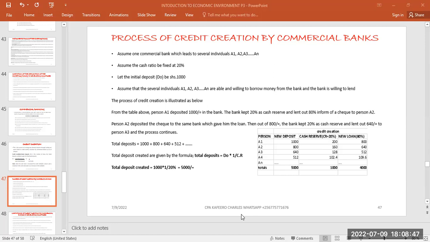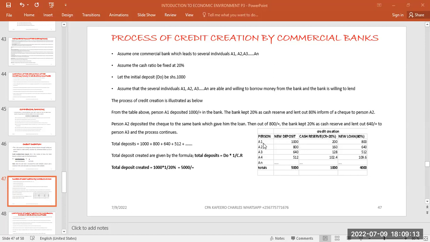Okay. Here we are saying that the process of credit creation is illustrated as below. From this table, these are the people from A up to N. Then we have the deposits. These are the new demand deposits that are going to be created.